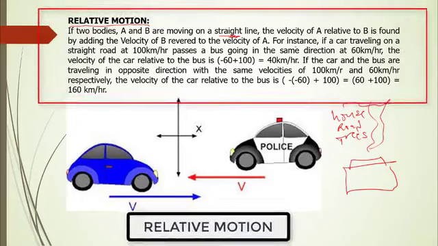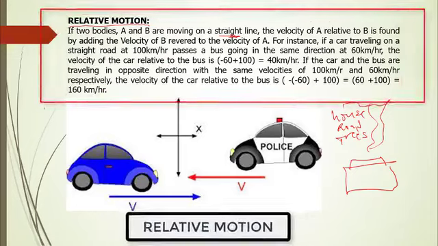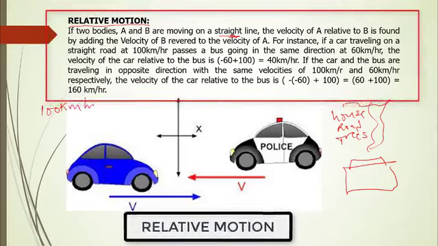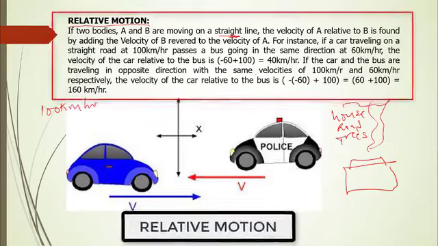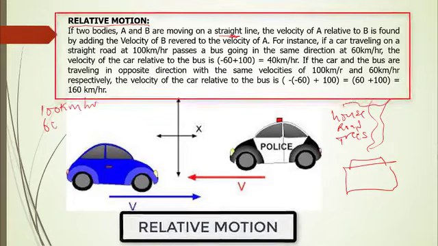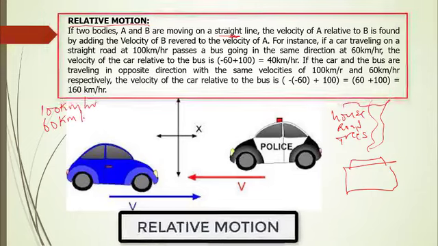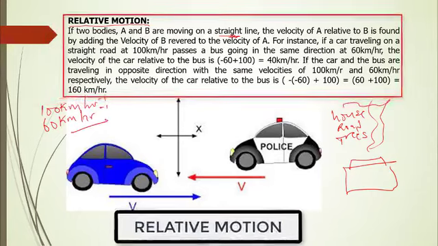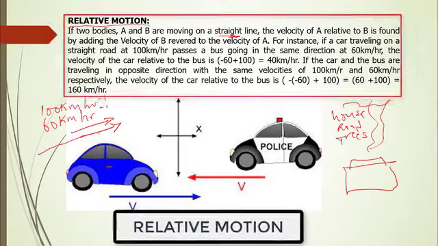So let's try to consider some unique examples. Let's say, for instance, a car is traveling at a speed of 100 kilometers per hour, and then there is another car traveling with a speed of 60 kilometers per hour as well. And the funny thing is that both of them are moving in the same direction. I'll try to use the longer arrow since they are both vectors.